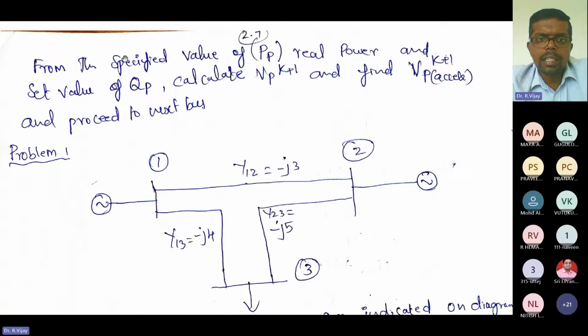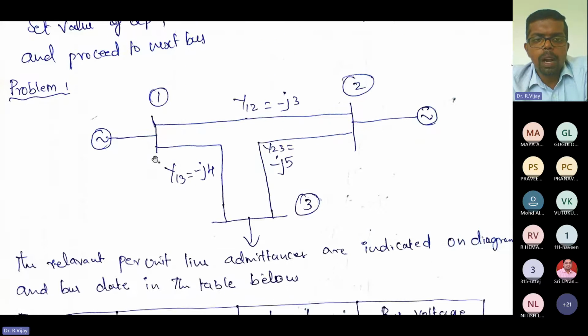So for the specified value, we calculate the reactive power, the change in the voltage and the new voltage. Similarly, you need to calculate it for the reactive power also. So this is the problem.